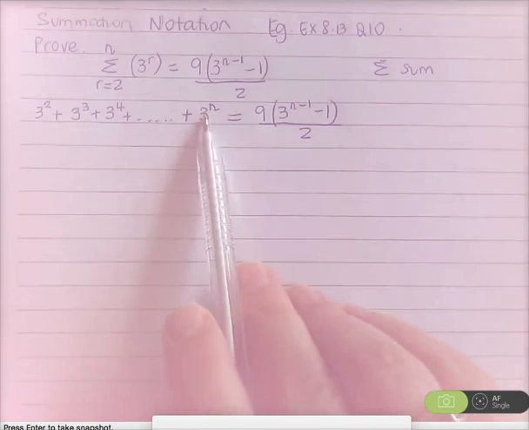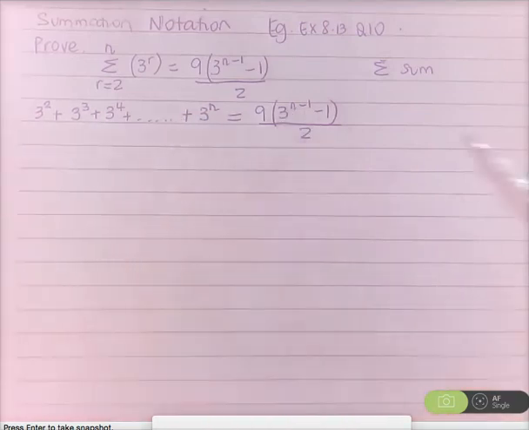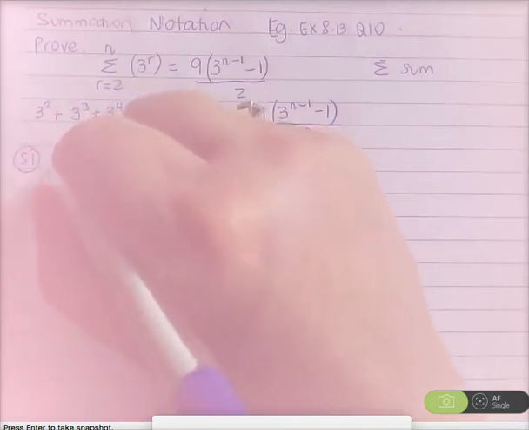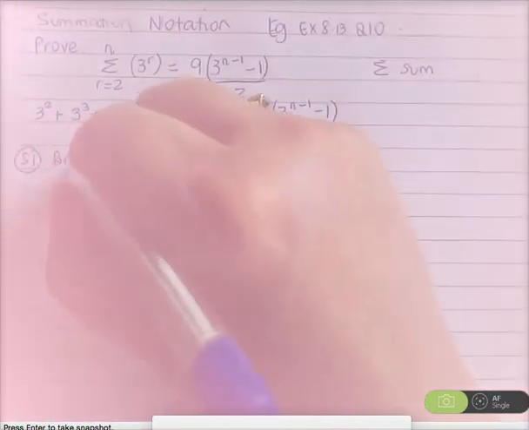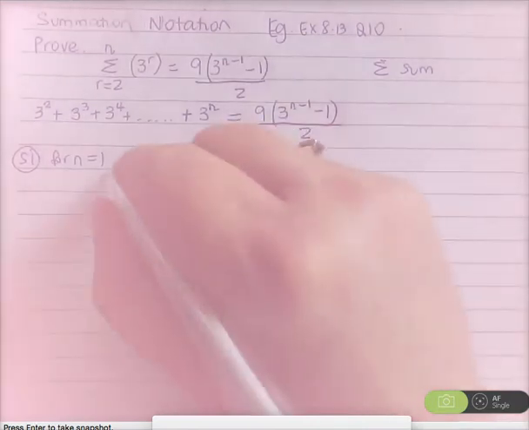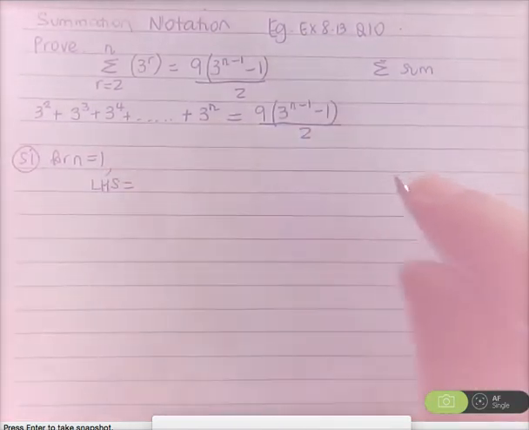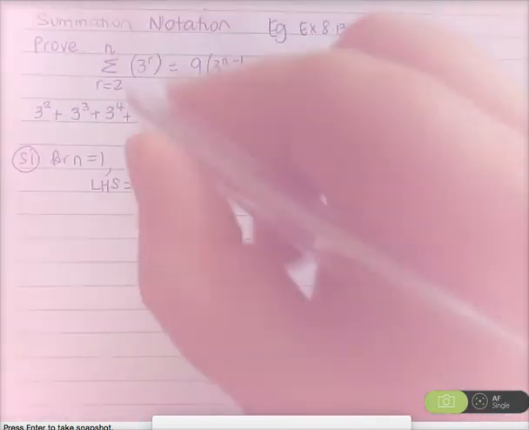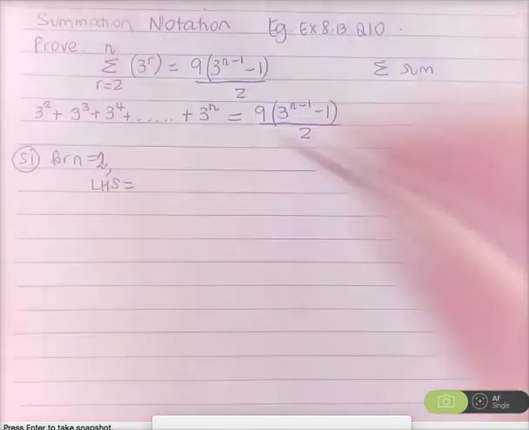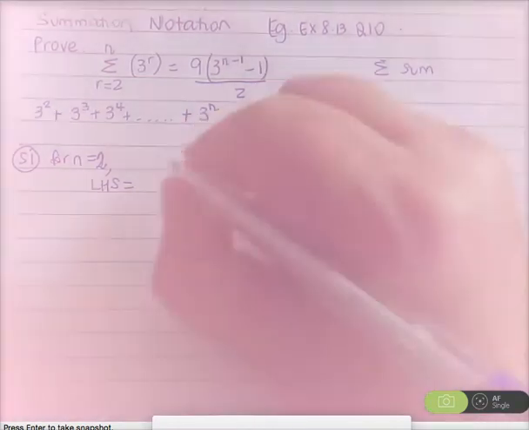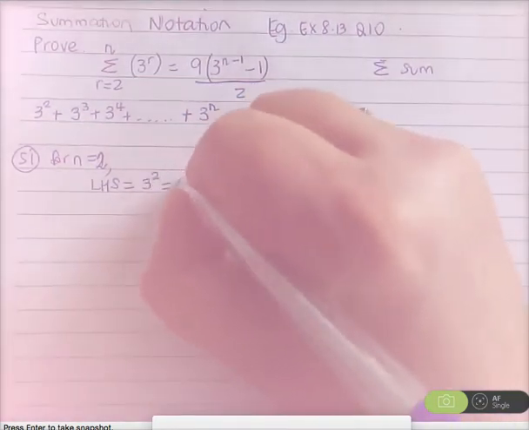They gave you that second row. Okay? So let's start. Step 1. I'm just going to write for n equals 1. What have we got? Left-hand side is, oh no, it's not n is 1 this time, it's n is 2. Yes, our first term is 2. So for n is 2, the left-hand side is 3 to the power of 2, which is 9.